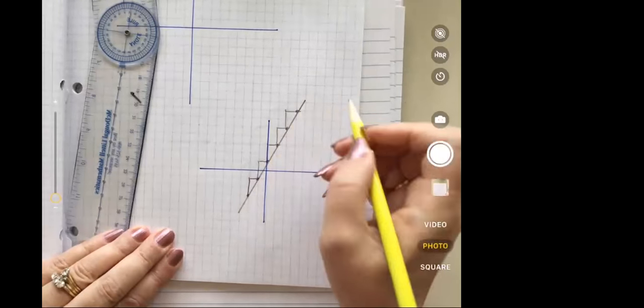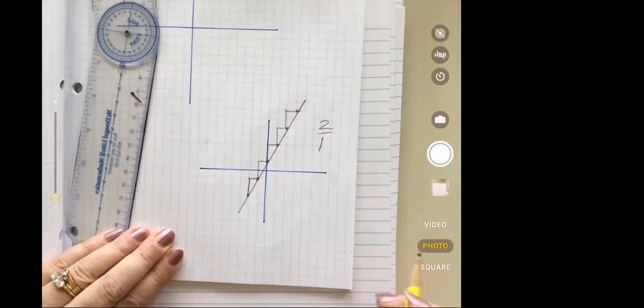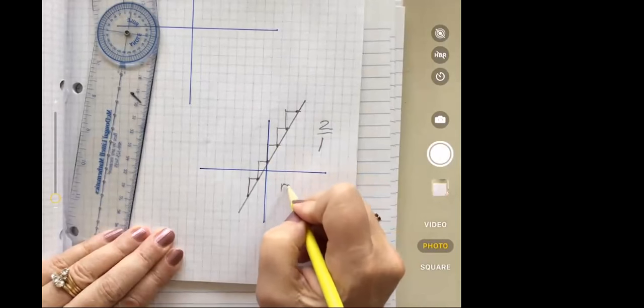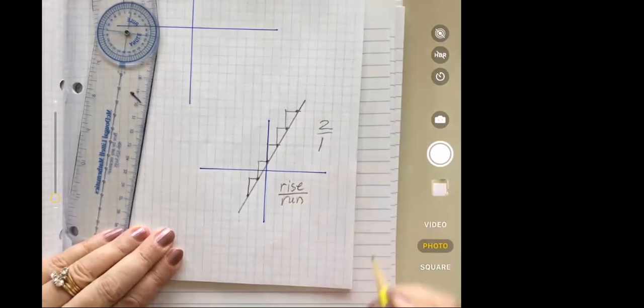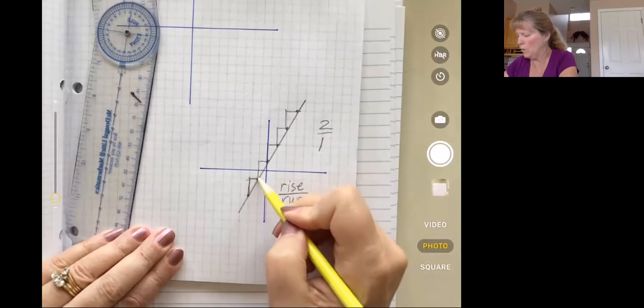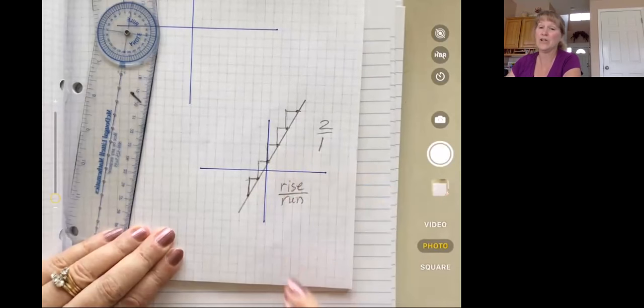Would it be 2/1? Yes, it is. A lot of students remember rise over run. So it rises up 2 for every 1 it goes over, up 2 for 1 over, up 2 for 1 over. Good.